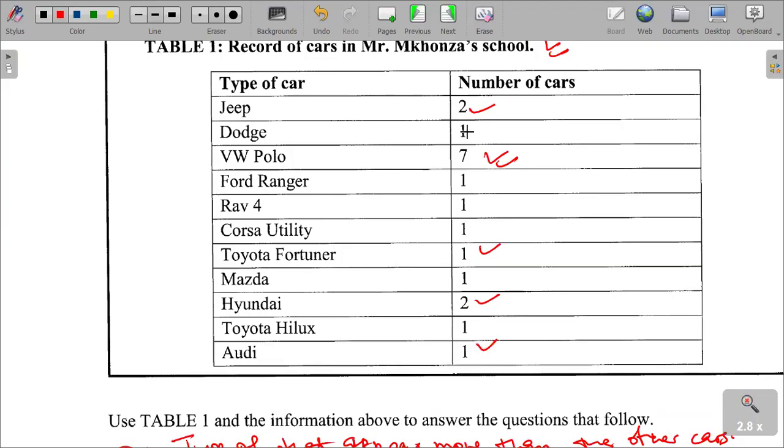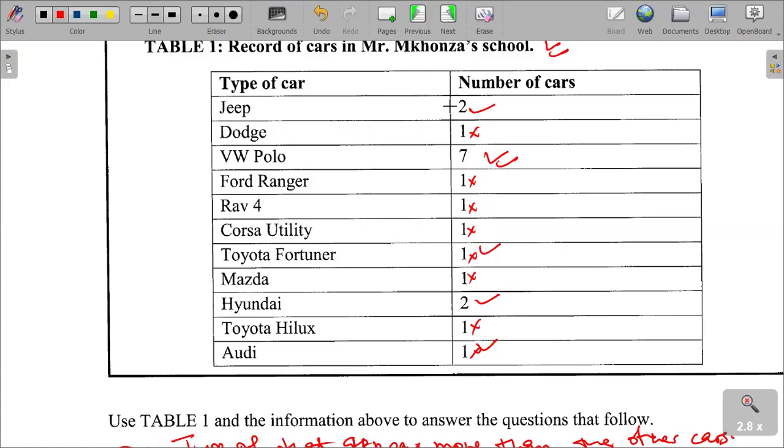We have, let me just mark, 1, 2, 3, 4, 5, 6, 7, 8. So we should have 1, added up to 8.